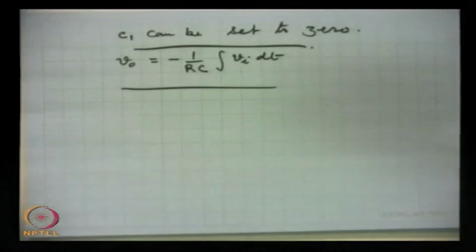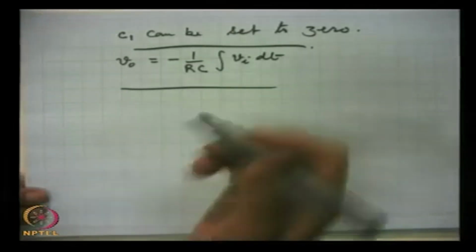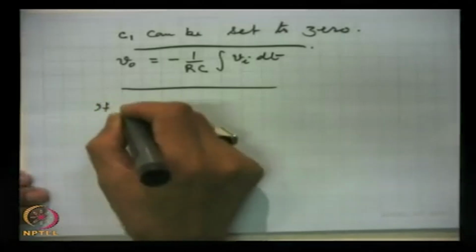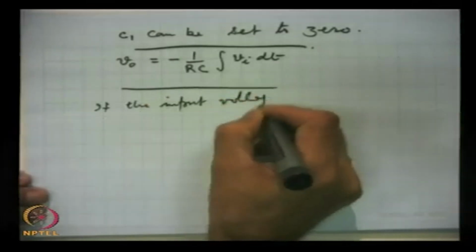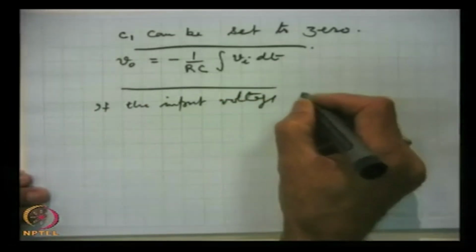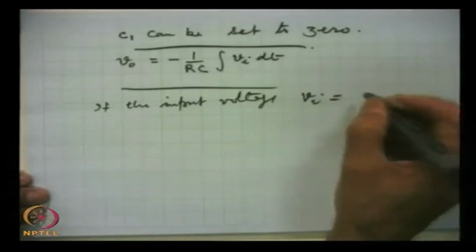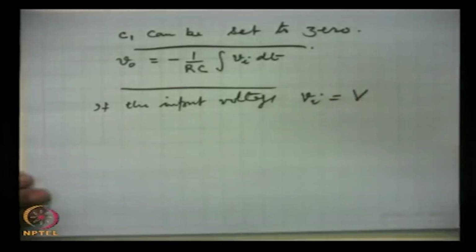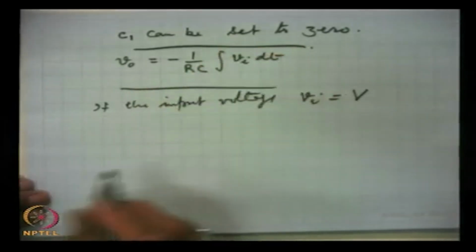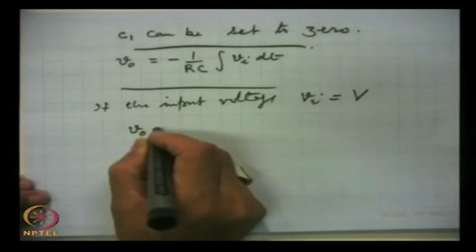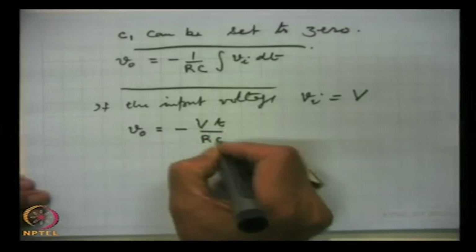Now let us discuss furthermore what are the problems in this basic integrator and how we take care of those things. Here if the input voltage is a constant, that is Vi is a constant, say let us write with capital V, then by substituting that in this equation we will get V0 will be Vt by RC.